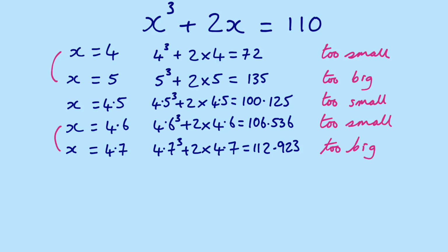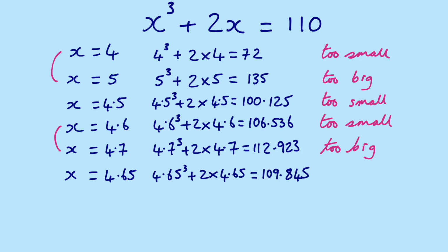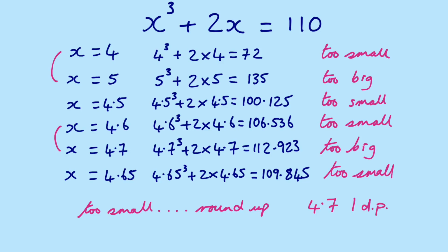That's right. We check the number exactly halfway between 4.6 and 4.7 and substitute that in, and we can see that the number is too small. So if it's too small, that means you round up. So the answer to one decimal place is 4.7.